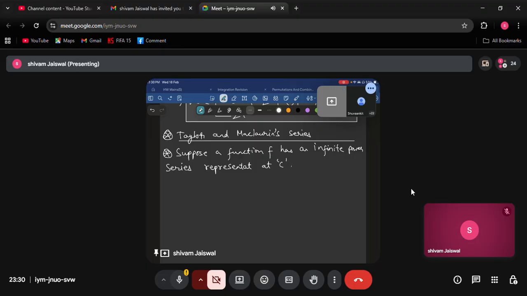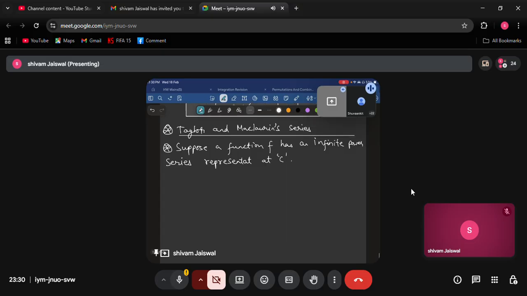Okay. At a particular point c, it has an infinite power series representation. That is, f of x is equal to summation of n equal to 1 to infinity a_n (x minus c) whole to the power n. Okay. Let us call this equation 1.